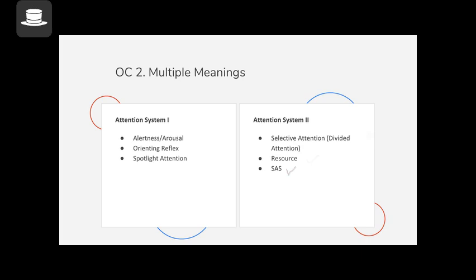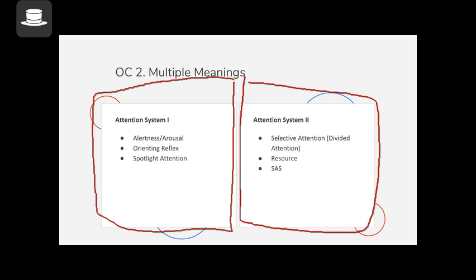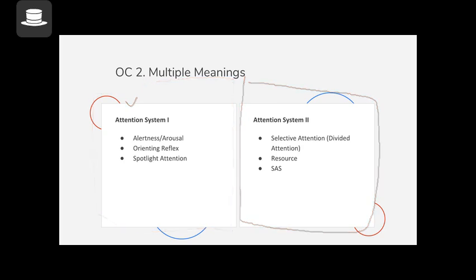And for convenience, we have categorized them into two groups. We call the first three attention system 1, and the second three attention system 2. Another name for attention system 1 is input attention. Another name for attention system 2 is output attention, or control attention, or conscious attentional process.